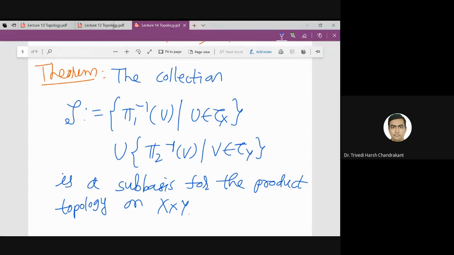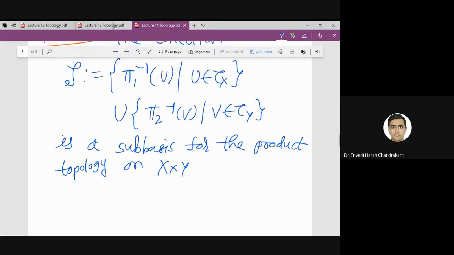So as you said, if I have a sub basis, then how do we generate the topology? The topology generated by a sub basis: we have to take all finite intersections of elements of S, which will give us a basis, and then from basis to topology we already know we have to take all unions of the basis elements. So that is the topology generated by this sub basis, and the question here is we have to prove that the topology generated by this sub basis is the same as the product topology. So that is this result.